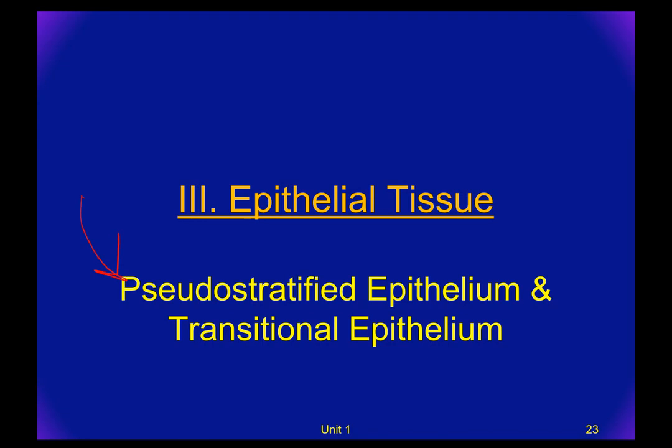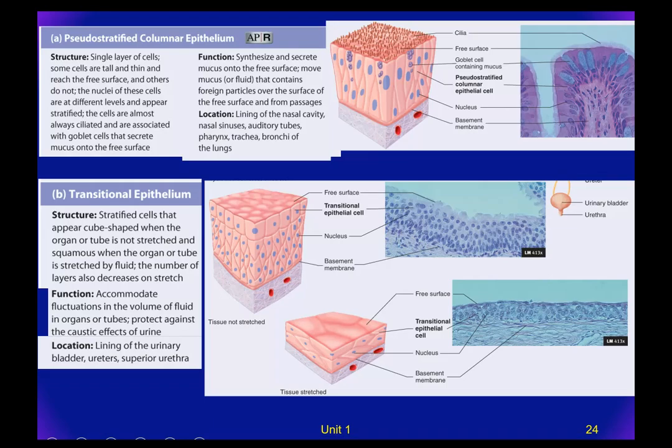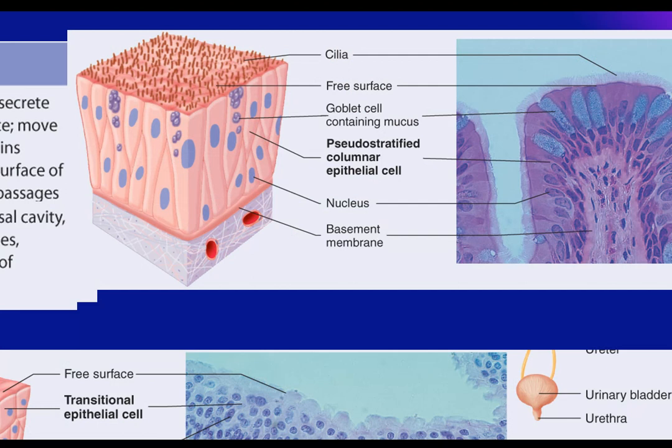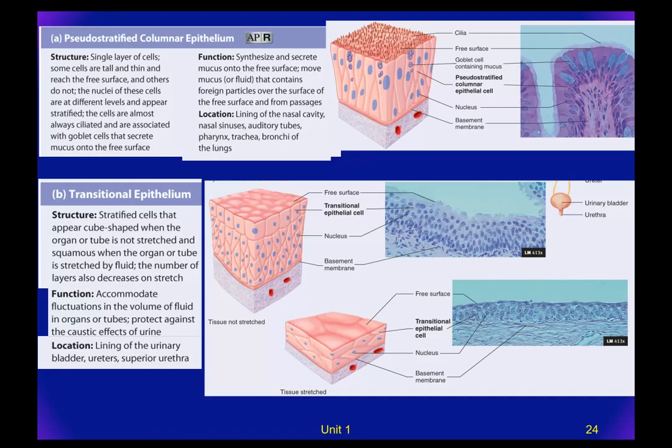Pseudostratified columnar epithelium and transitional epithelium. So, pseudostratified columnar. Remember what I said about it will be ciliated. So if you look up here, see these little hairs up here? Those are the cilia. So, function: it synthesizes and secretes mucus.